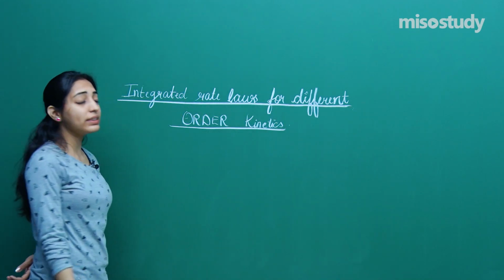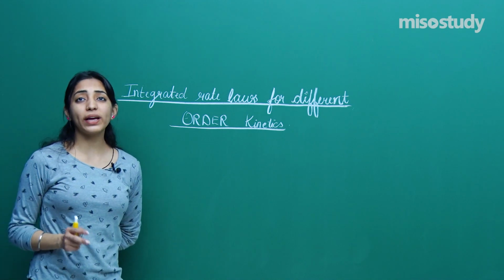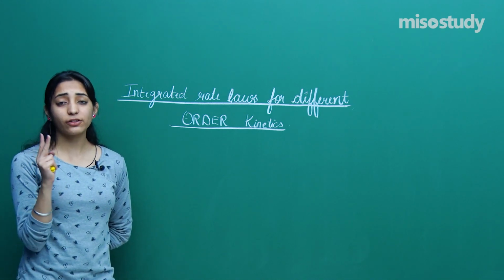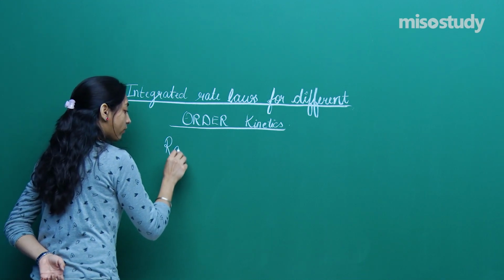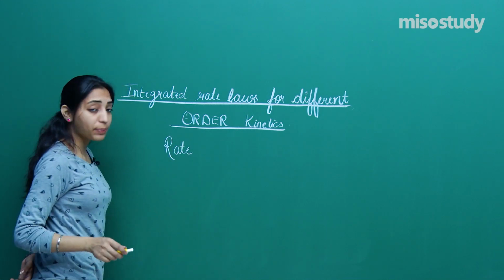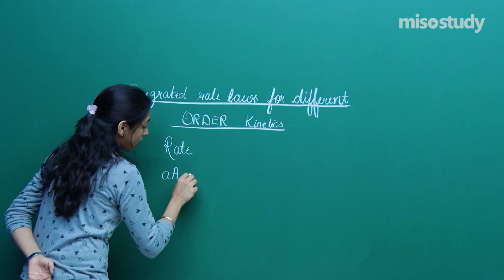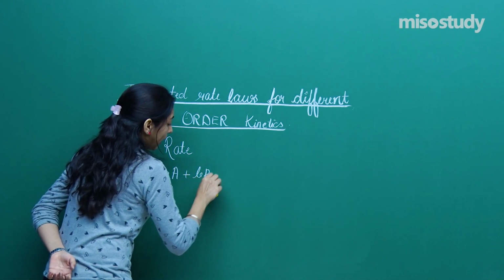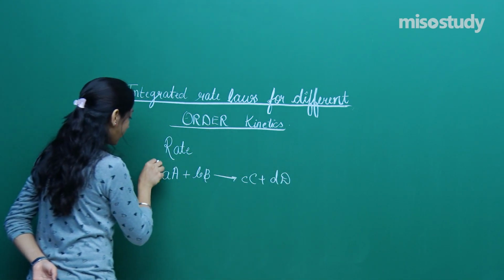Okay, so see here very carefully. As of now, you know how to express the rate of a chemical reaction in two different ways. The first is by writing down the rate law expression. So let's say there is a reaction aA plus bB to form cC plus dD.